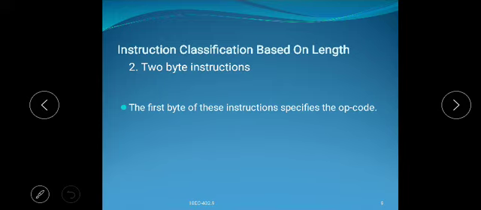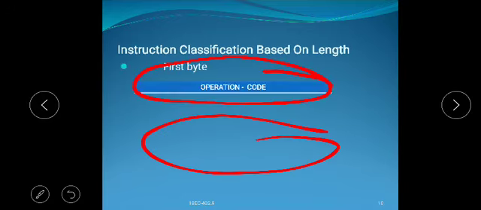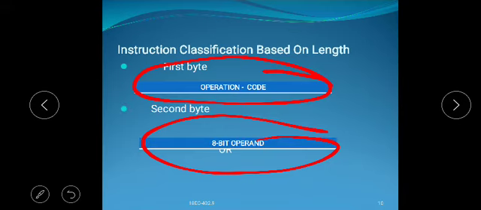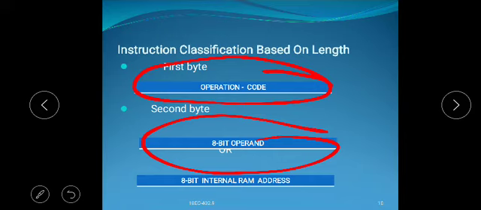The first byte always indicates the opcode, and the second byte is either immediate data, direct address, bit address, or relative address of the operand.